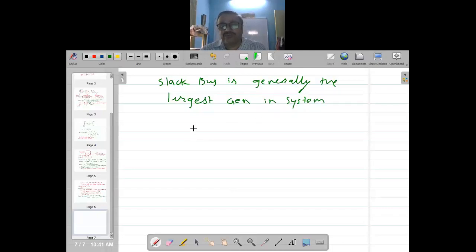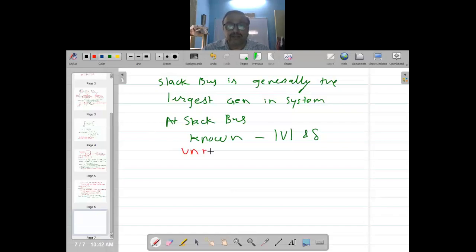Now why is this so? At the slack bus, known are V and delta, and unknowns, or things to be found out, are P and Q. If V and delta are the known things, it means that these are in our hand, or we can control them.